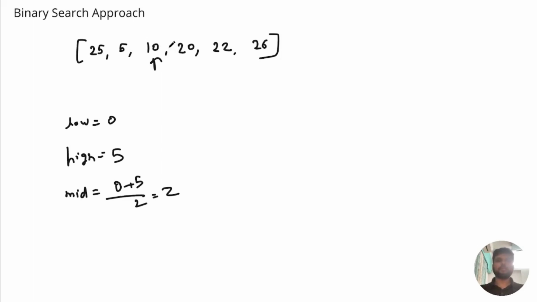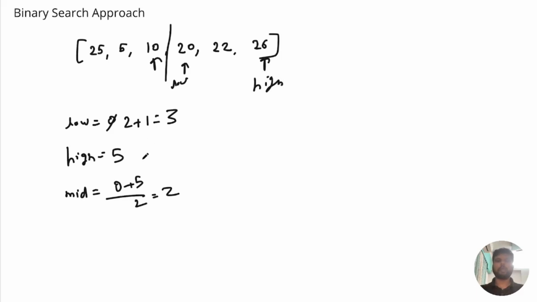In this case, we will move our low to mid plus 1. So we discard this entire half of the array. Now our low becomes mid, which is 2, plus 1, which is equal to 3. So our low is here now, and this is our high.